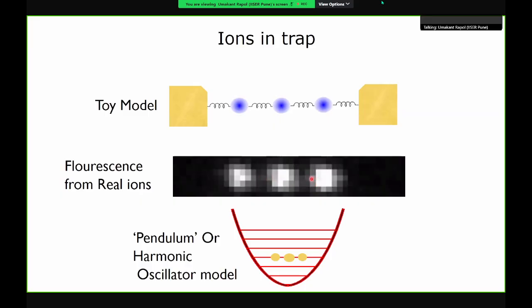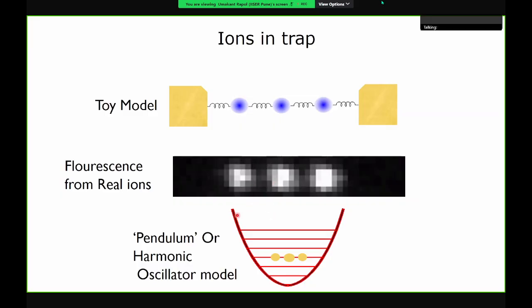And the classical equivalent of that, a toy model, is something like these metallic spheres attached with springs together. When you try to shake one of these metallic spheres, the other ones will also start moving around, and the entire system of these three masses will execute some kind of simple harmonic motion, and there will be common modes of oscillations and so on.